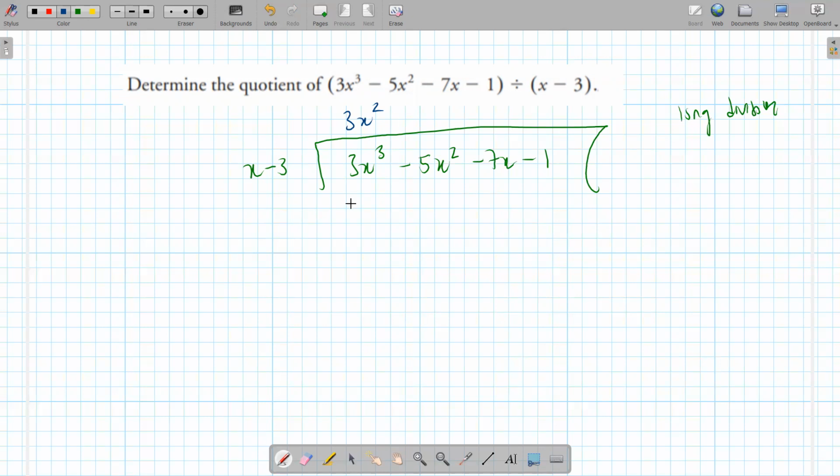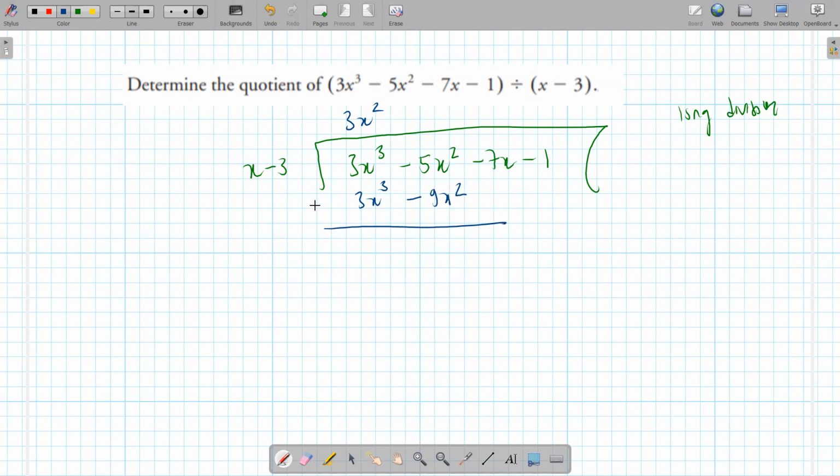Because this term is going to cancel out completely here. x times 3x squared is 3x cubed, yeah? And then again, don't forget about this. We don't look at this when we're trying to put the quotient, but that's still part of the equation here. So negative 3 times 3x squared is minus 9x squared, yeah?